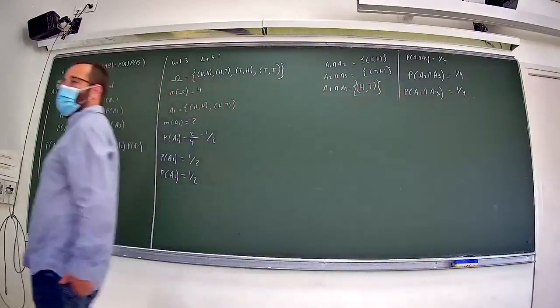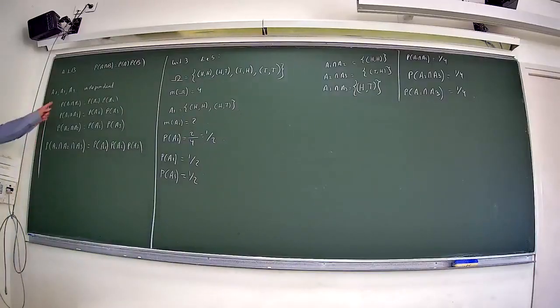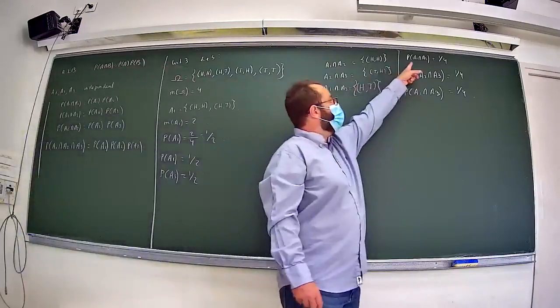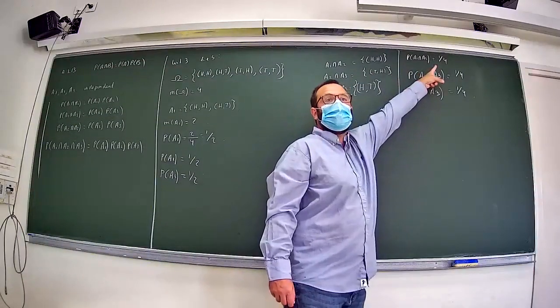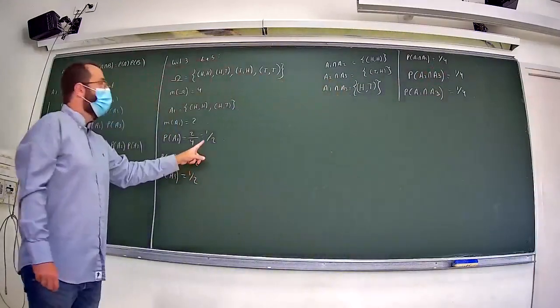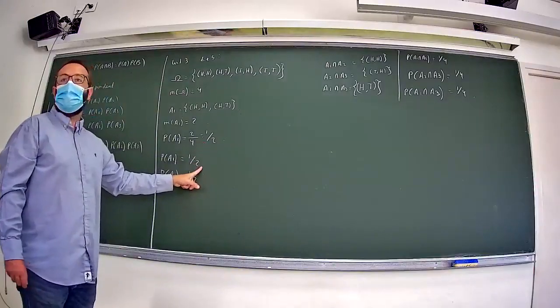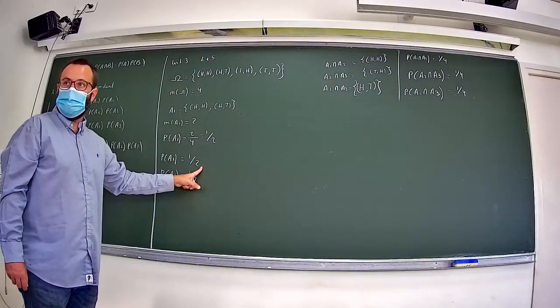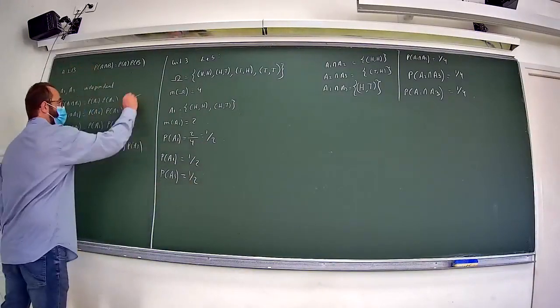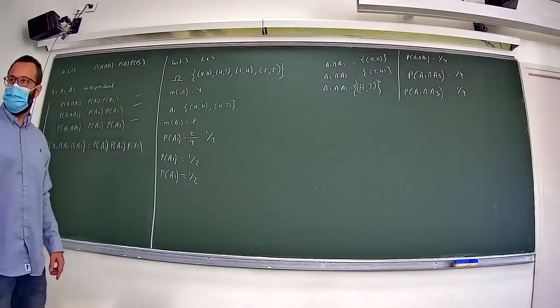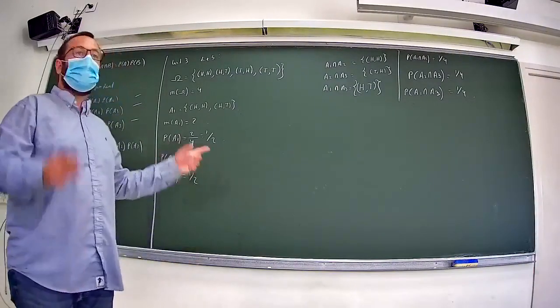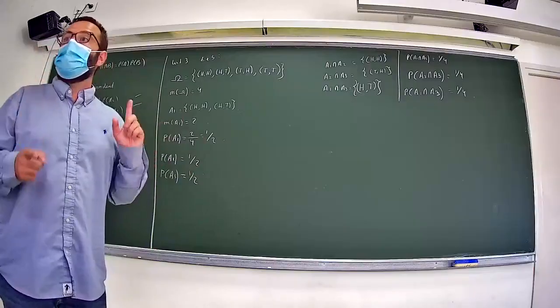So what I see when I have done this computation is that all these relations are okay. Because P of A1 intersected with A2 is equal to 1 over 4, that is equal to 1/2 multiplied by 1/2. So it means that this one and this one are okay. So I can say that they are independent 2 by 2.